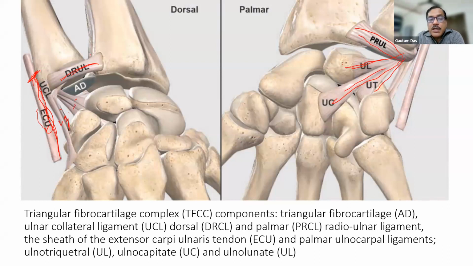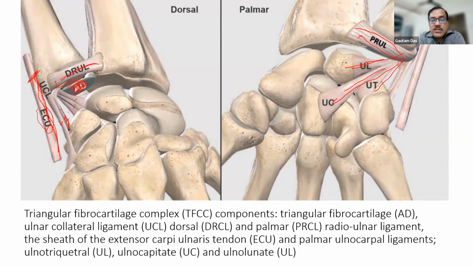One is your palmar, another is your dorsal, and on either side it is encircling what? This articular disc. The articular disc is encircled by the dorsal and the palmar or volar radioulnar ligaments. So what are the components of the TFCC? One is the articular disc, bounded by the dorsal and palmar radioulnar ligaments, one this side, another this side.